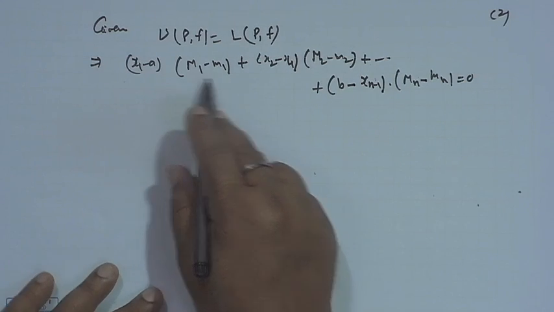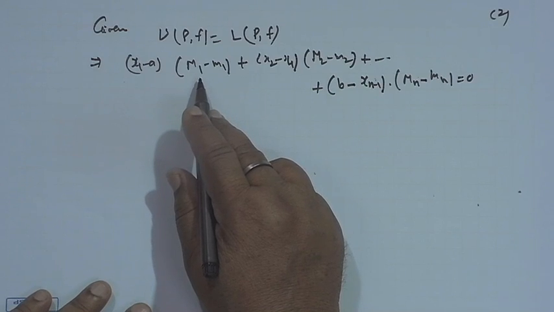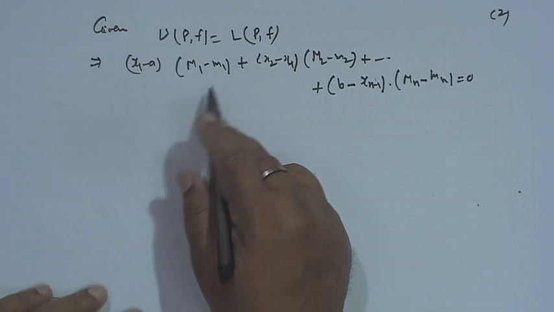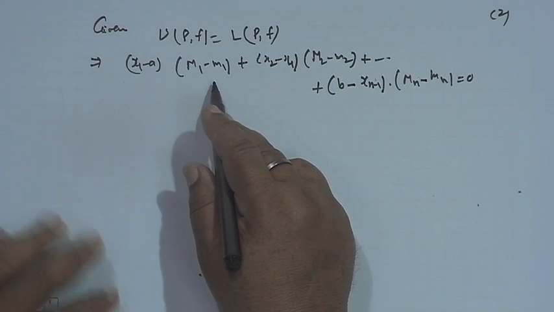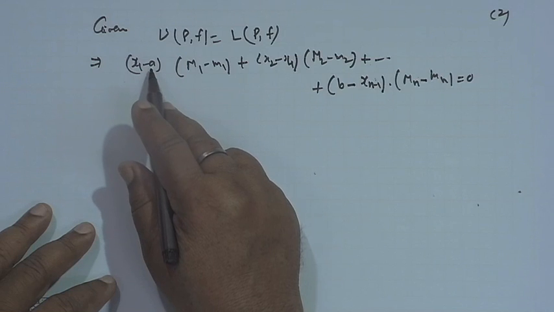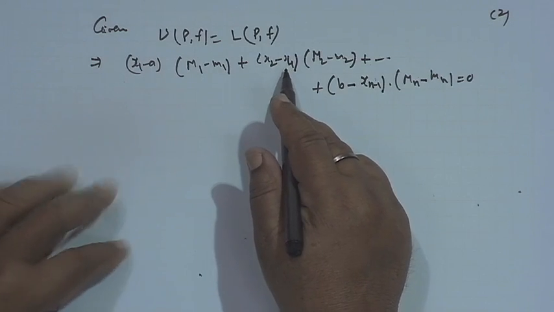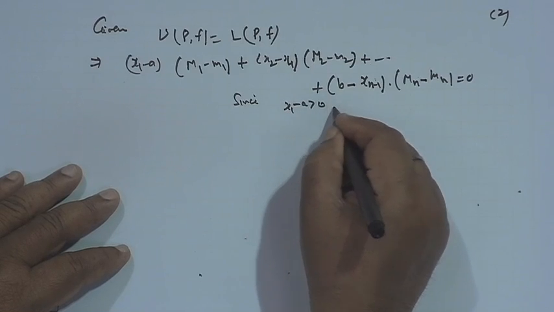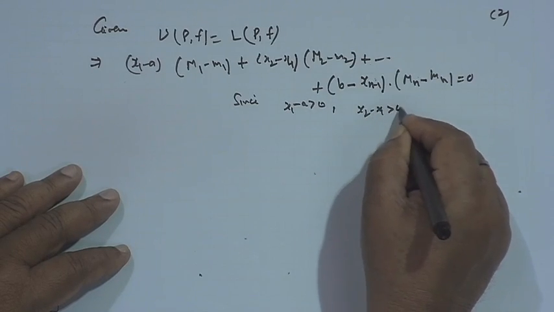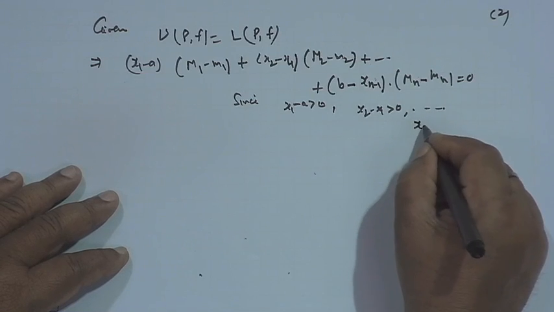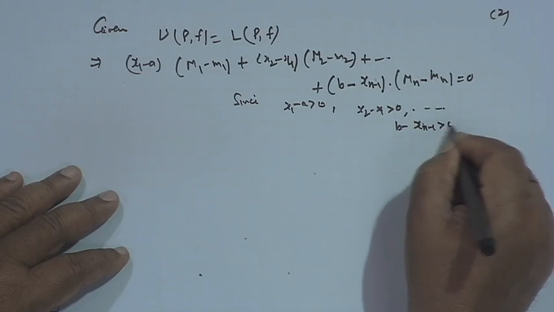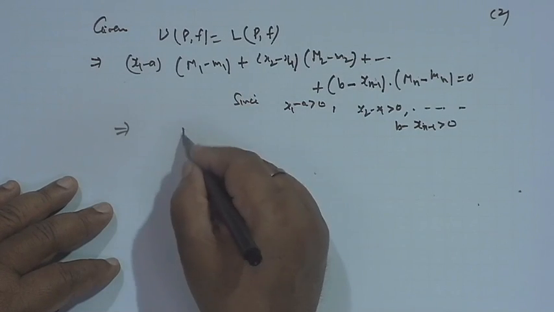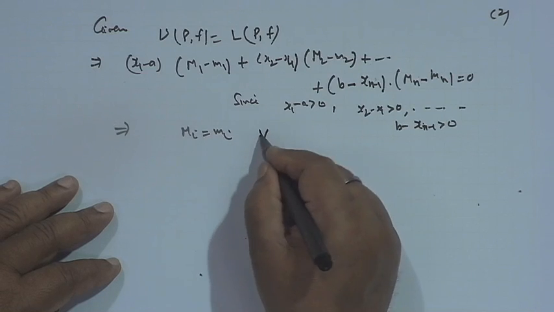But M_i is the upper value, the maximum value of the function over the subintervals, and small m_i is the smallest value. So, M_i minus m_i is greater than or equal to 0, and x_1 minus a, x_2 minus x_1 and so on are differences of the partition points. Since x_1 minus a is greater than 0, x_2 minus x_1 is also strictly greater than 0, and so on, and b minus x_{n-1} is also greater than 0, when the sum is 0 it implies that each M_i must be equal to small m_i for each i.